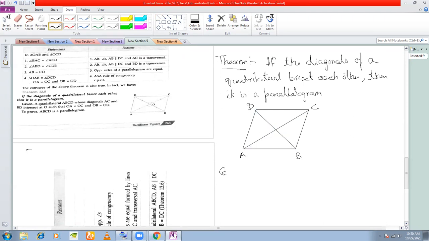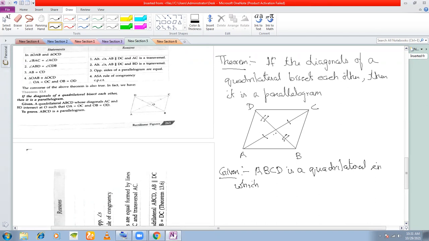So what is given to you here? It is given to you that ABCD is a quadrilateral in which the diagonals bisect each other. What do you mean by diagonals bisect each other? This is equal to this, and this is equal to this. It is given to you.